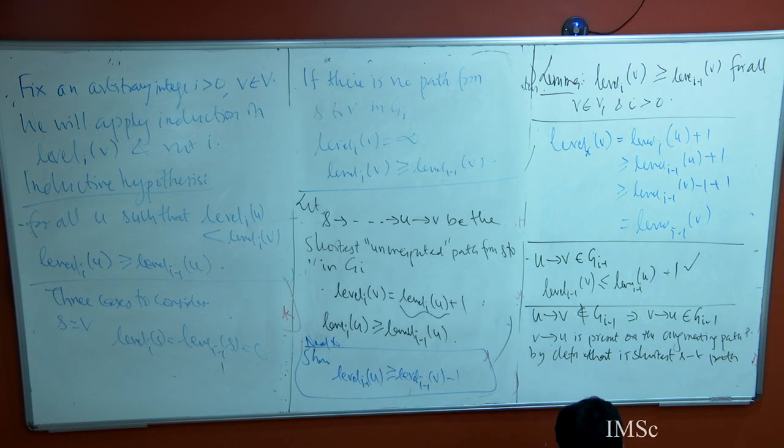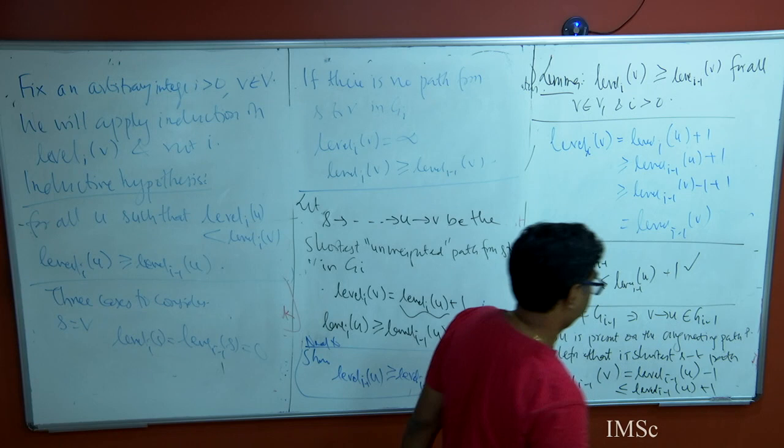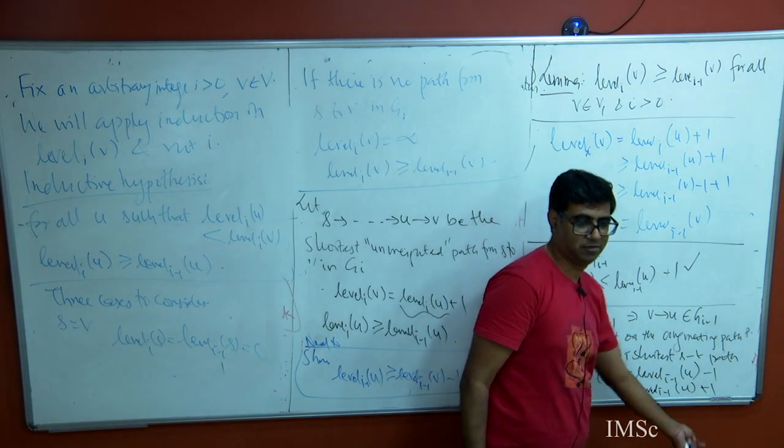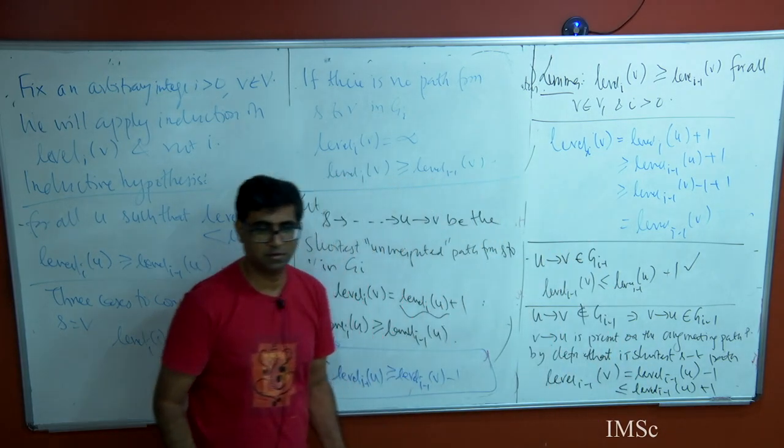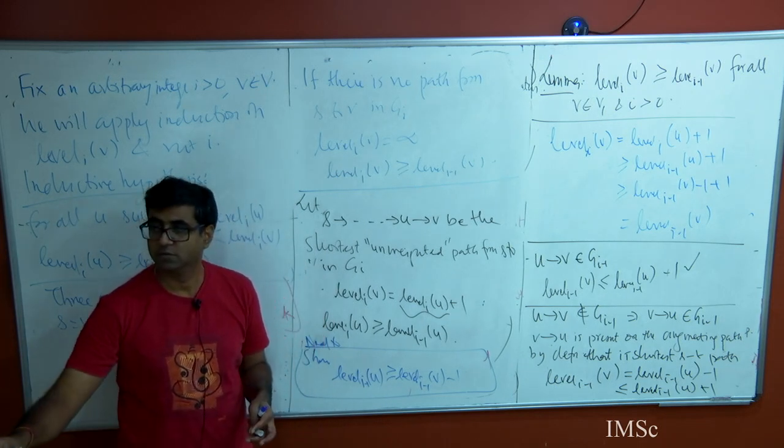So it follows that level_{i-1} of V is actually equal to level_{i-1} of U minus 1, which is definitely less than or equal to level_{i-1} of U plus 1. Subtract this from here, and that's it, so you are done.